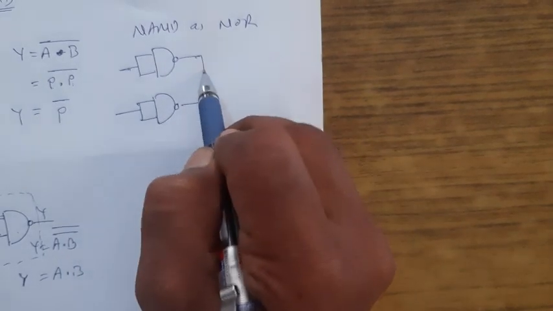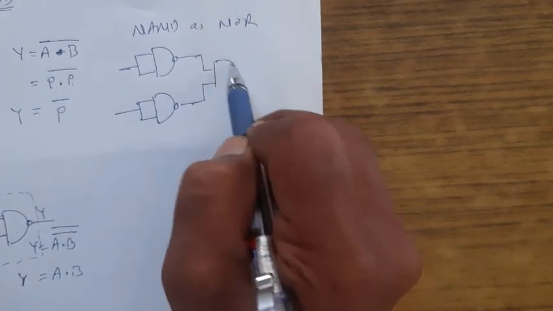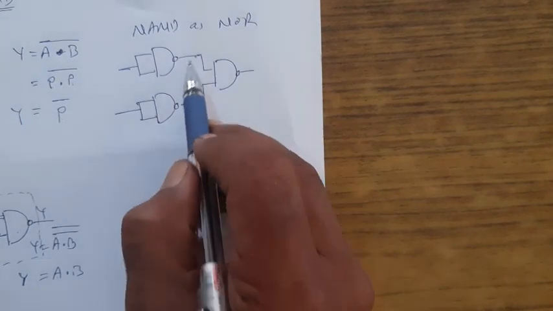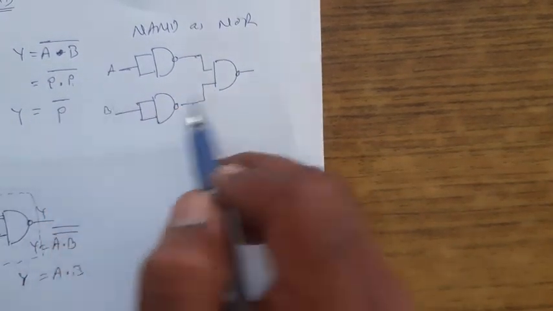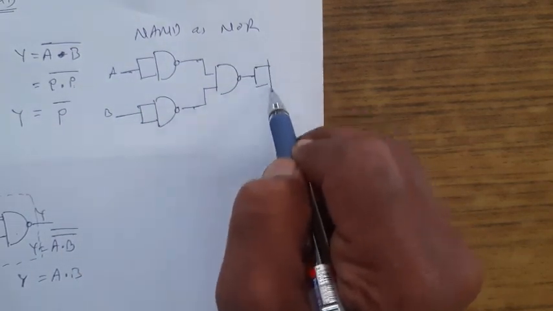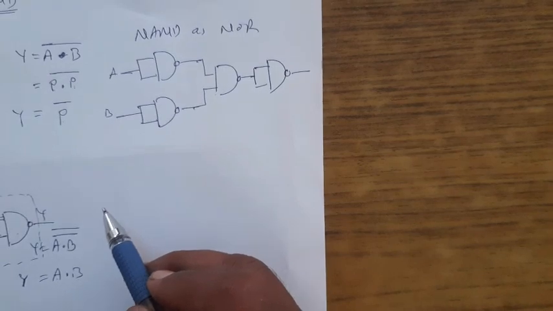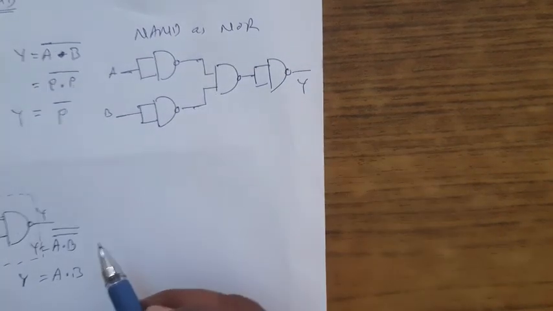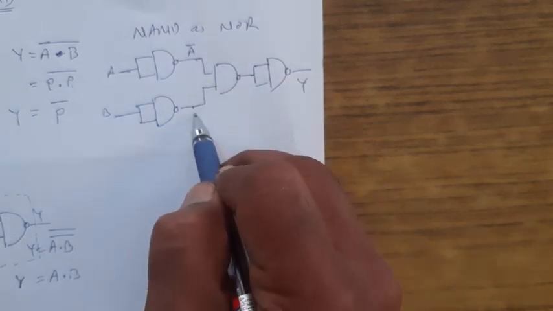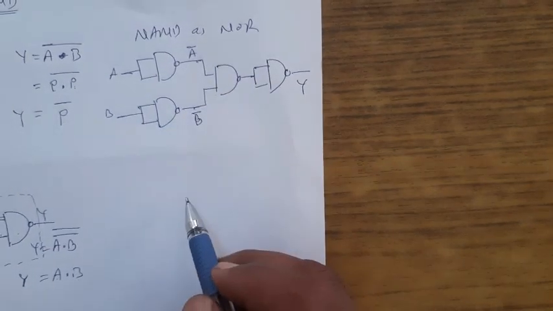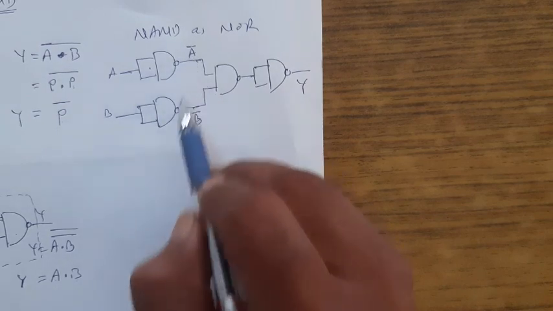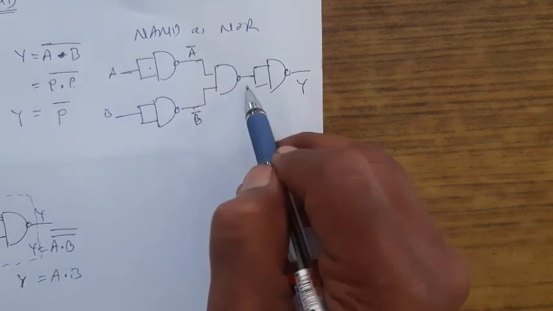This NAND gate is behaving as a NOT gate. This NAND gate is behaving as a NAND gate for the complement of A and B. Therefore effectively it is an OR gate, and again if I make the complement of that output, then it becomes the NOR gate. Now how will I simplify this equation? The equation simplification is very interesting. Here it is NOT of A, therefore it is A bar. Here it is NOT of B, it is B bar.